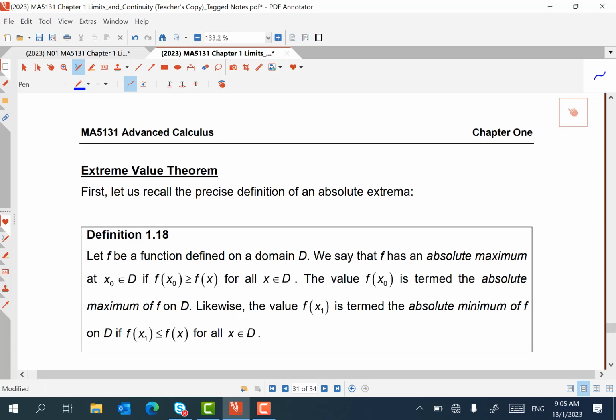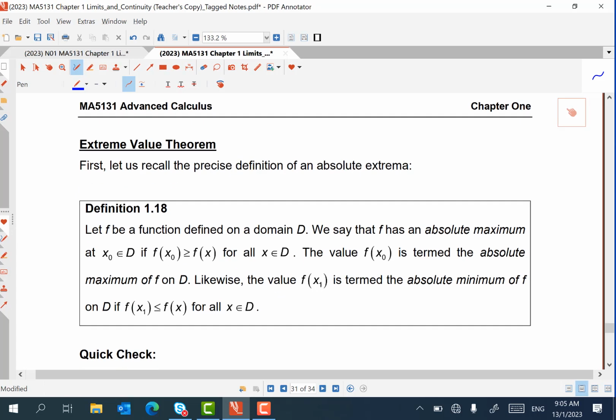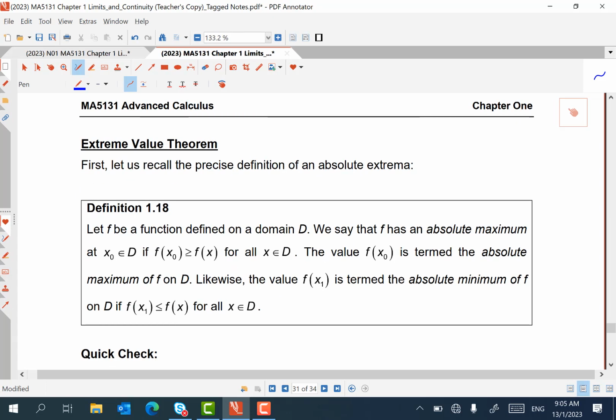Right. Okay, the next thing is the so-called extreme value theorem. You can read the sentence. I want a short discussion about this. If you have a graph that looks like this, with A, and this lowest point is B, I'm going to ask you: what is the absolute minimum value of this graph?